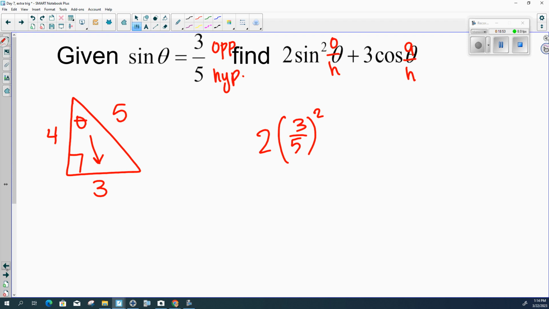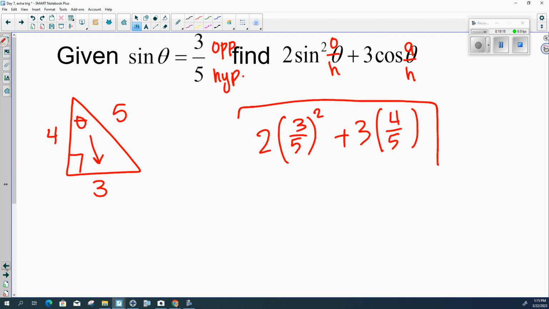Like very first day, all we did was write those fractions, write the fractions, write the fractions. So this is taking us back and applying that. And then our plus sign. Now we put the cosine of theta, which is adjacent over hypotenuse. You can just plug that into your calculator.